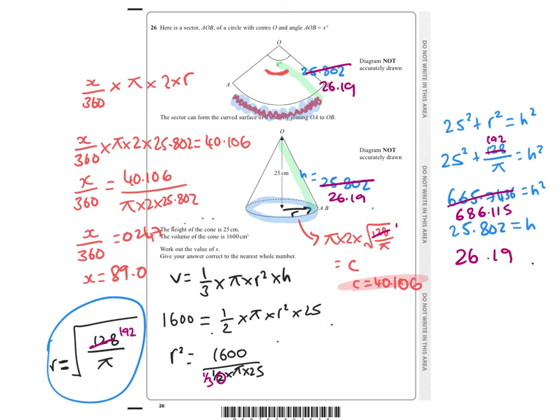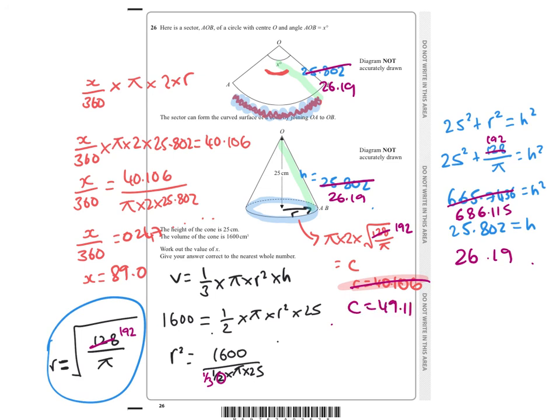So this was 192. So then pi times 2 times root 192 over pi, so I get 49.11.